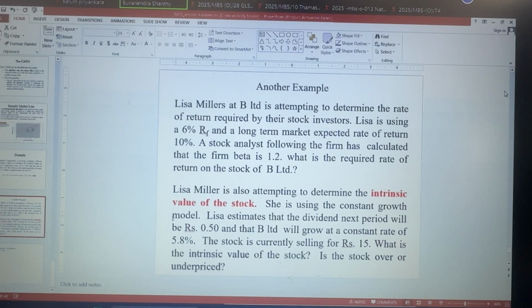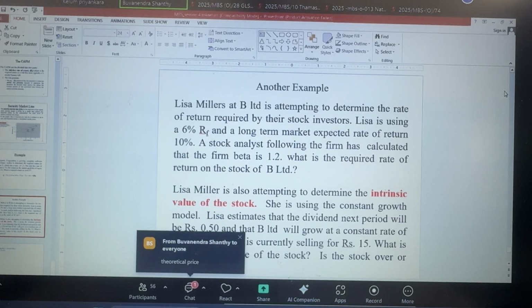Now, the second part, a continuation of this example: what is the intrinsic value of the stock? What does the terminology stand for? Internal worth of the value. On the other hand, we can use the words theoretical price, or we can say internal worth.